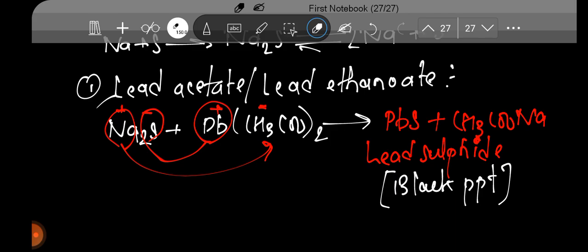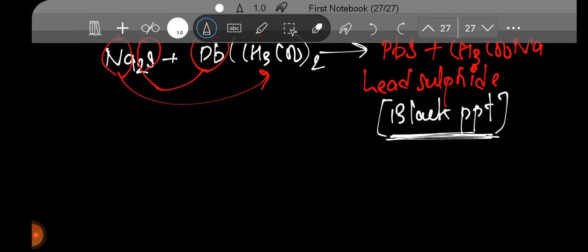In this way you can determine sulfur by using lead acetate, or if you think you are super genius or intelligent, then you can use another method.